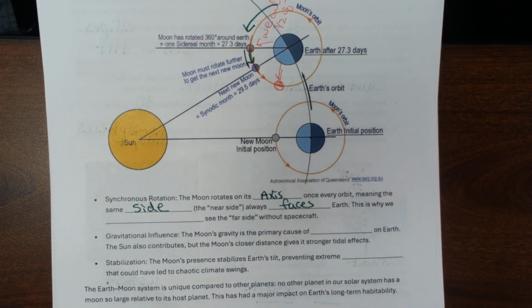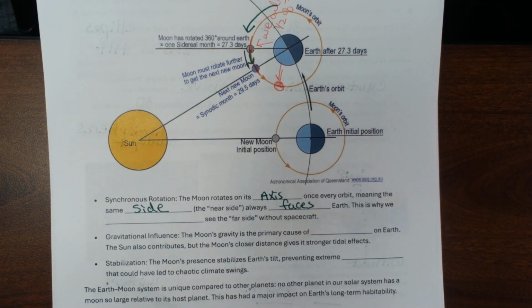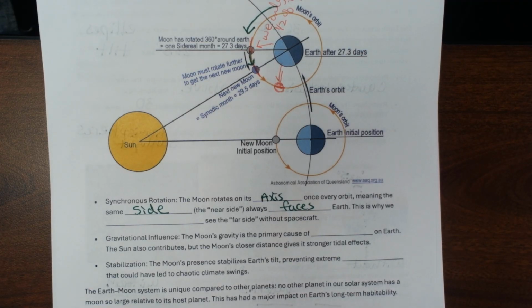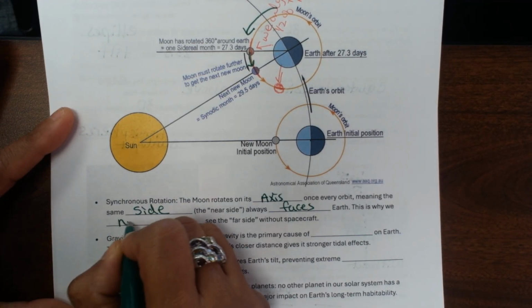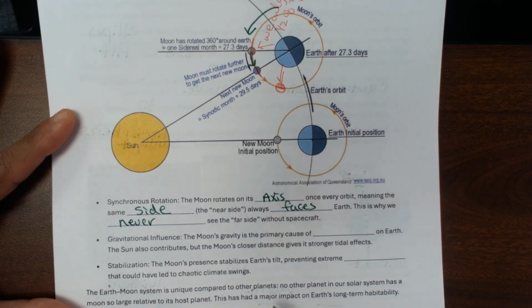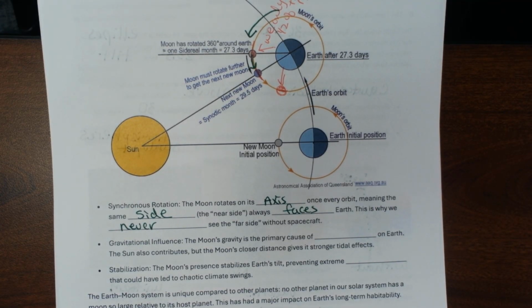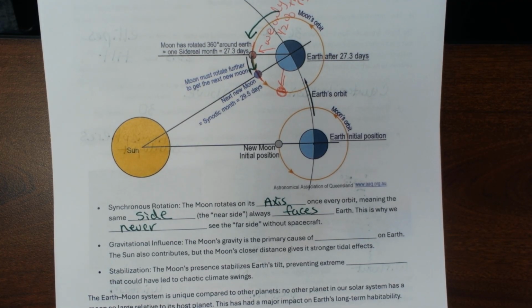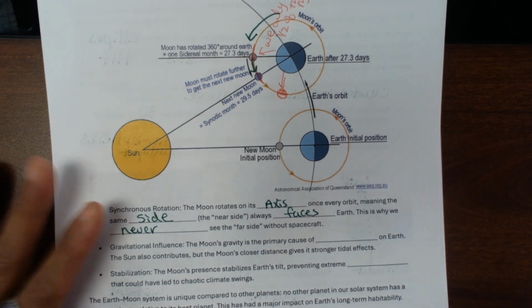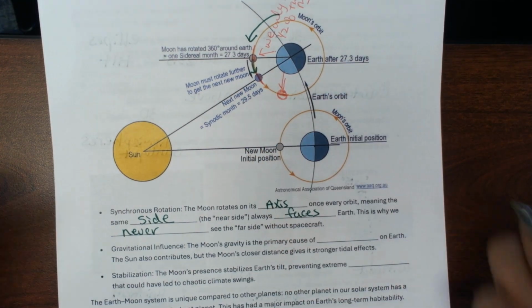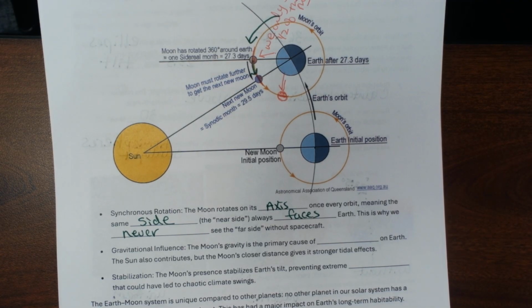So that was his question. There it is right there. This is why, it says here, we never see the far side or the dark side of the moon without a spacecraft, unless you're an astronaut, so that way astronauts can see this side over here of the moon. We don't get to ever see it.